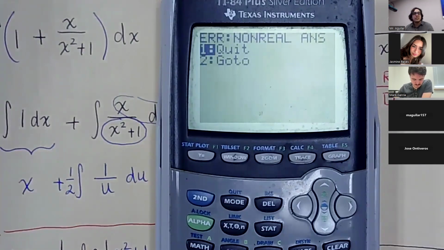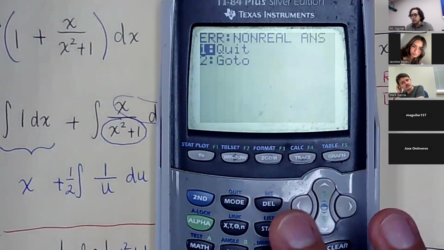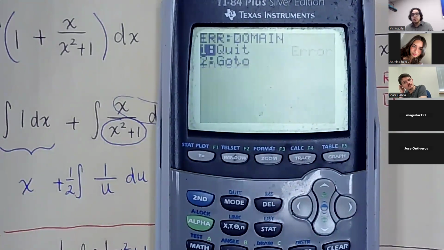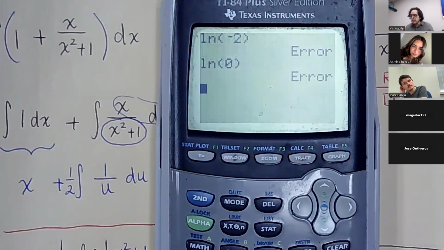Non-real answer. So there is a higher level of mathematics where you can put negatives into logarithms, but for now, what we are going to say is that the domain of logarithms, the domain of the natural log, has to be greater than 0. So even if I try to put the natural log of 0 here, I'm getting a domain error, right? It's only as soon as I get to 1 that it stops giving me an error, right?